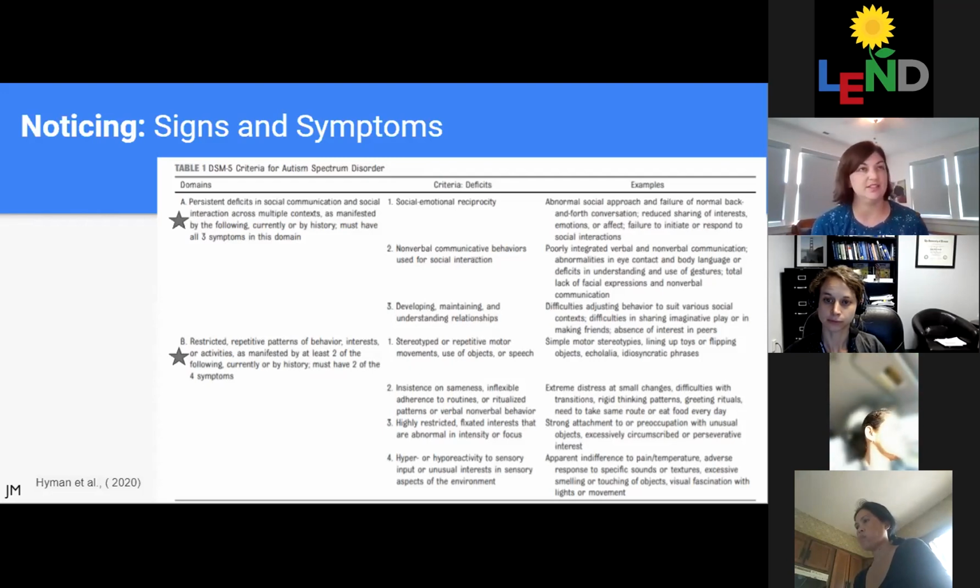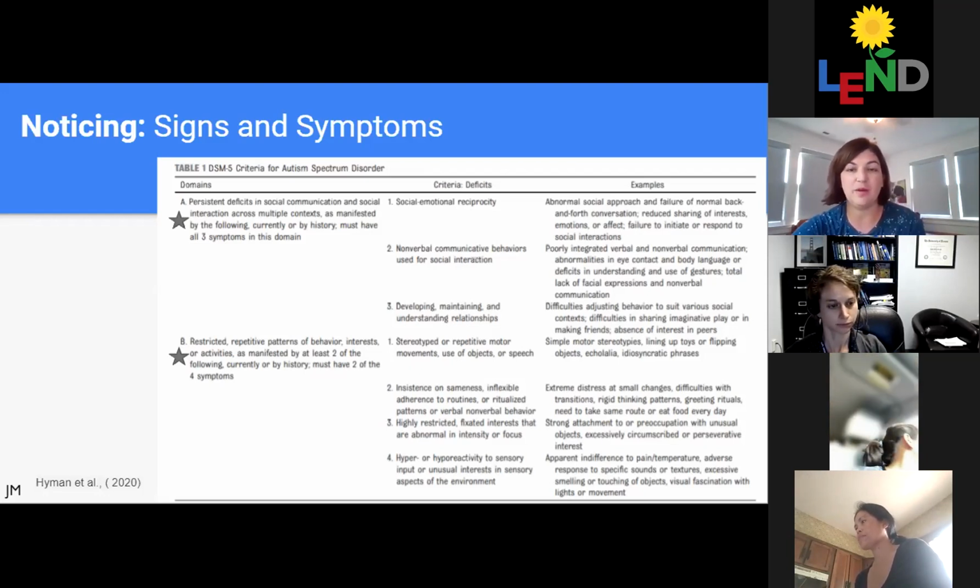It could also be an insistence on sameness, or a really strong interest in one thing that gets in the way of them participating in other activities, and sensory differences. So this is the criteria that any autism evaluation has to use, with their assessments and observations, to establish if there's the presence or absence of autism.